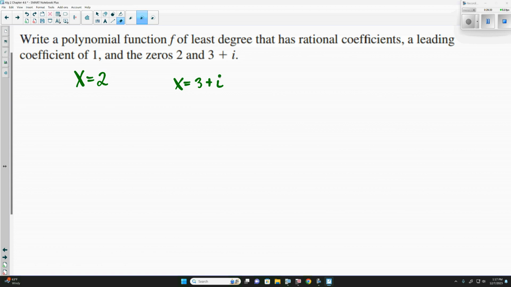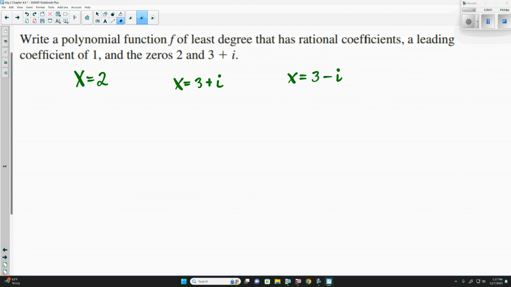We want to work it backwards and find the equation that they go with. Now, we know x is 2, x is 3 plus i, but since x is 3 plus i, x also has to be 3 minus i as well.